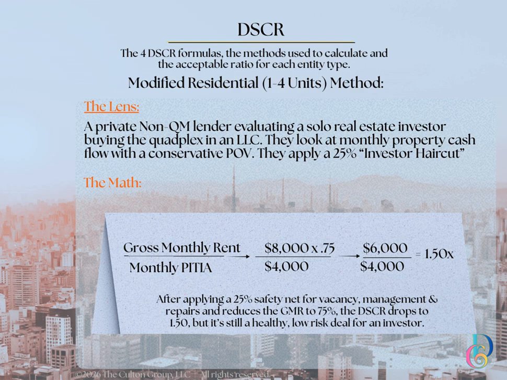All right. So we put that 6,000 over the 4,000. It's $6,000 divided by 4,000. And that gives you a modified DSCR of 1.50. Still healthy, but you've got some room in there.